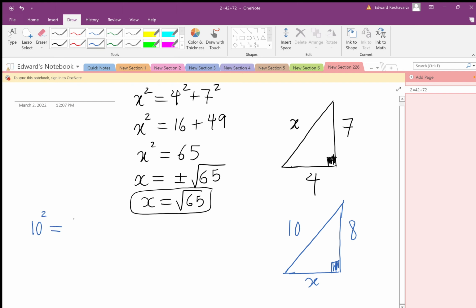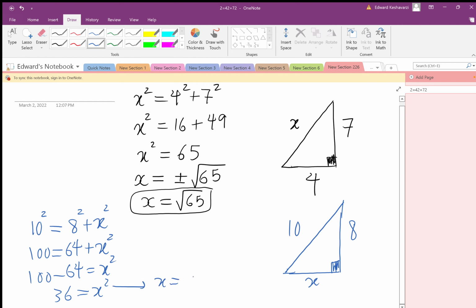So 10 squared equals 8 squared plus x squared. 100 equals 64 plus x squared. 100 minus 64 equals x squared. We moved 64 to the left side and we switched the sign. So therefore 36 equals x squared.